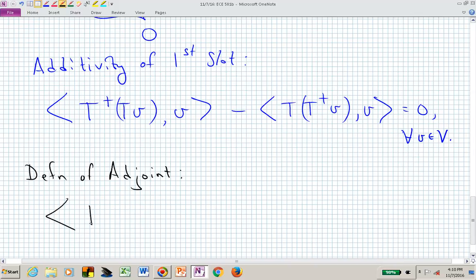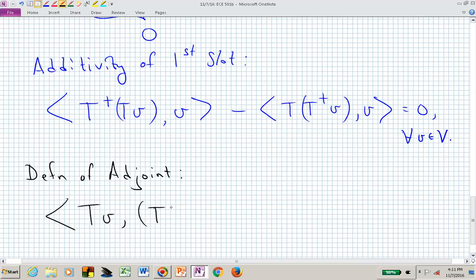If I now have TV in the first slot for this leftmost inner product, what's in the second slot? It's the adjoint of the operator that was applied to TV.